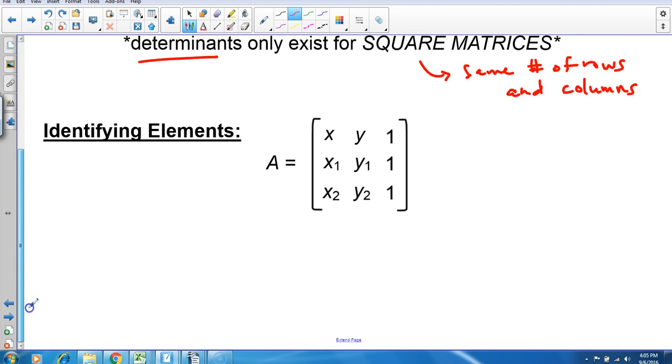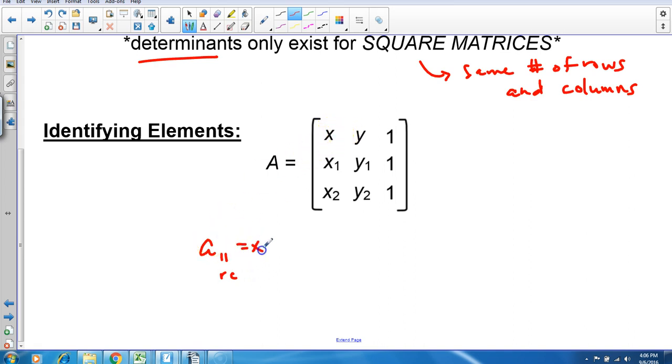If we want to identify elements, this element right here would be called A11, and again, it is rows and columns. So this means, hey, I want the first element in the first row in the first column.